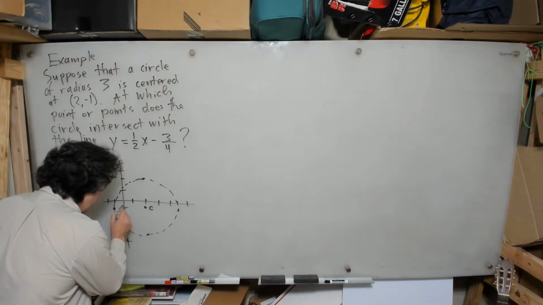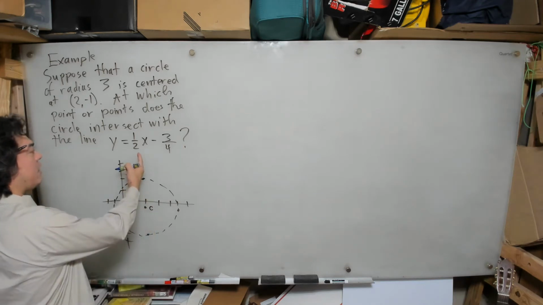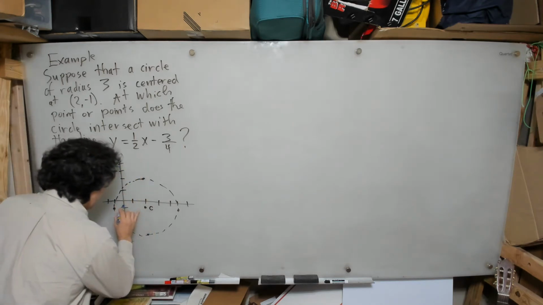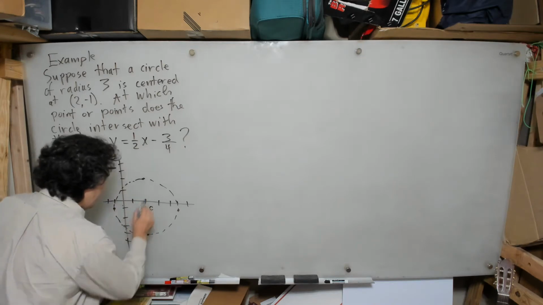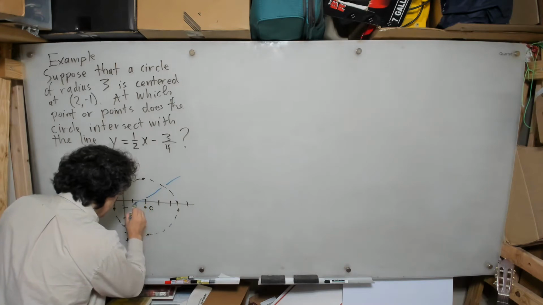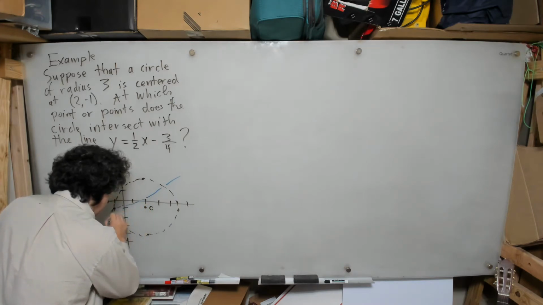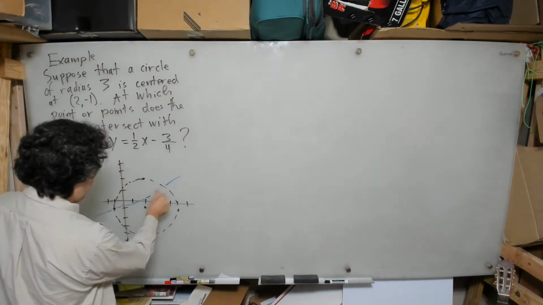I'm going to put the point right next to the line so I don't touch the line so it doesn't mess up the marker. And then it has a slope that's 1/2. So let's say I go up 1 and then 2 to the right. So that'll be about right here, okay? And so if I draw the line connecting those two, you'll see that it'll look something like this, okay? It's a little flatter here.